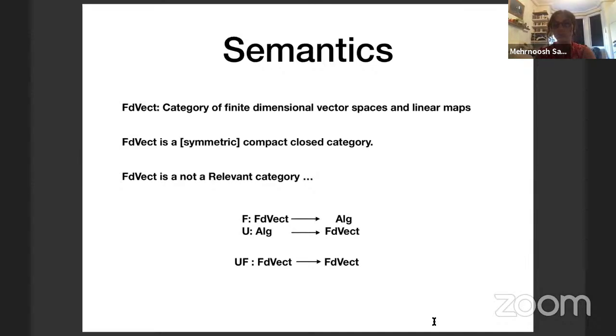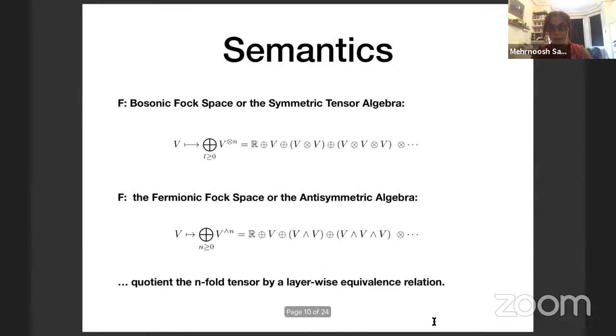It has a left adjoint U, which goes from the algebras over R to the category of finite dimensional vector spaces over R. And then if you compose these two, F and U, you're going to get a monad from FdVect to FdVect. Dualize the monad, and then you get your desired comonad, which will give rise to a coalgebra modality.